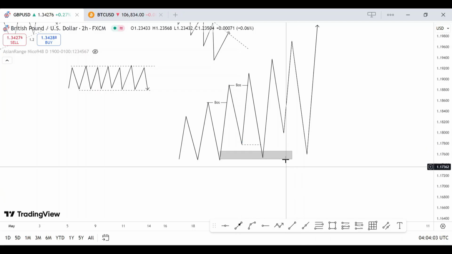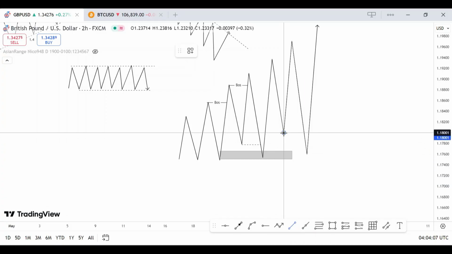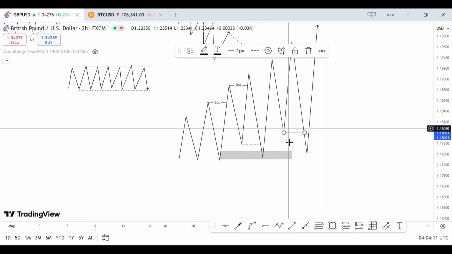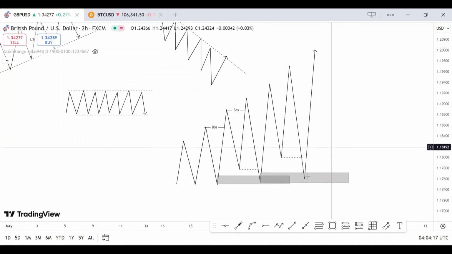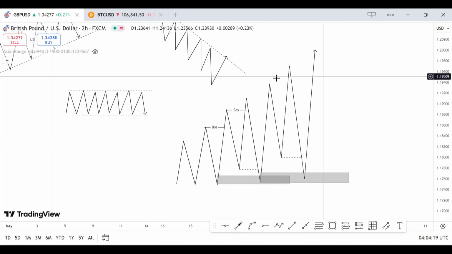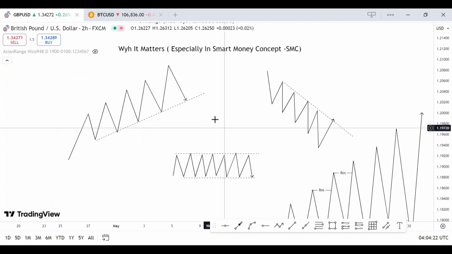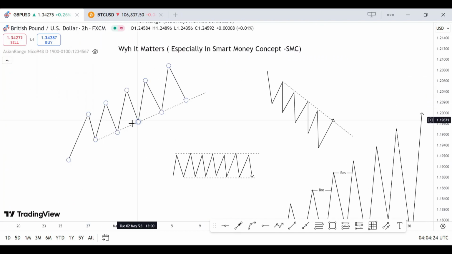So here again, you see this low here. Price will come, use it as liquidity to get momentum to the upside, using the next available demand zone here to buy to the upside. This is how price really moves, not just a series of higher high, higher low, higher high, higher low.